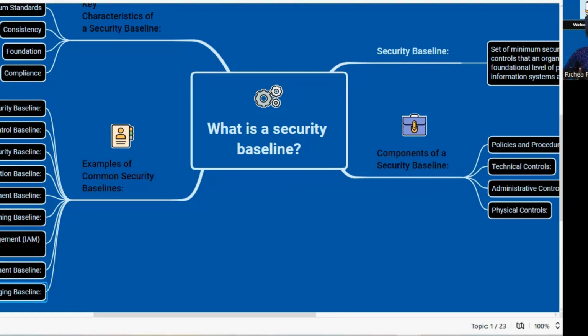And these help to serve as a foundation for more advanced security measures, which I made mention of earlier. So implementing and maintaining these baselines helps absolutely in mitigating risk, ensuring compliance, and also promoting a culture of security within your organization.